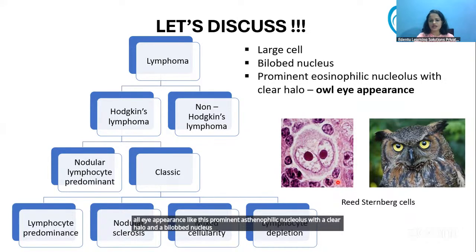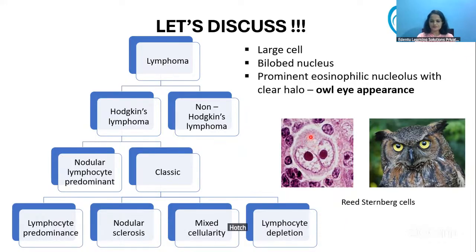Typically, a large cell with an owl-eye nucleus like this will be seen in Hodgkin's lymphoma. This is a classic Reed-Sternberg cell.